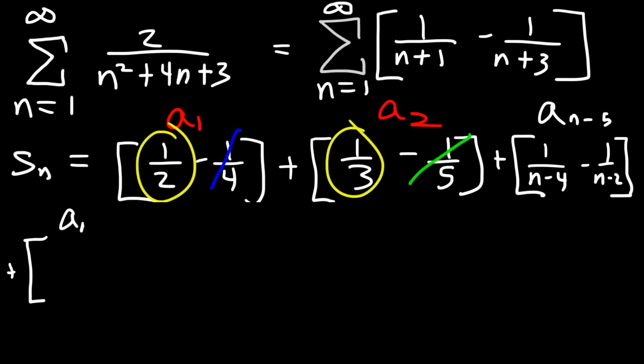Now let's get the a sub n minus 4 term. So if you go from negative 5 to negative 4, you're pretty much increasing by 1. So I'm going to increase this number by 1, and that's going to be n minus 3, and then just increase this number by 1. And so it's just going to be n minus 1. And then follow the trend.